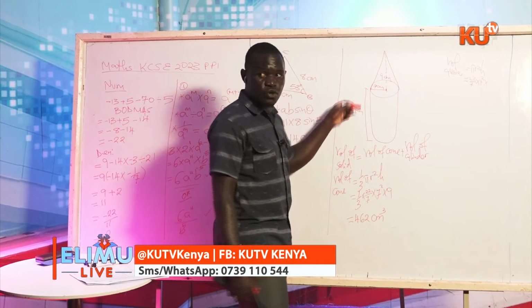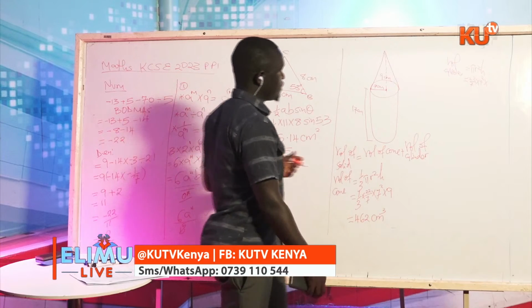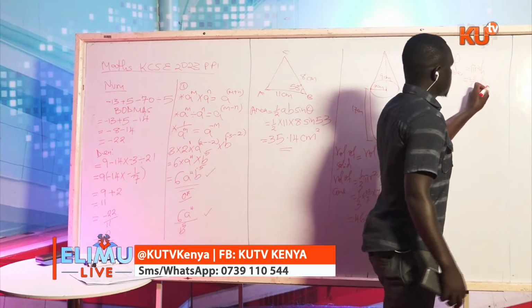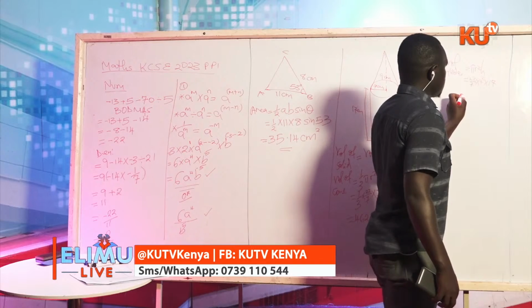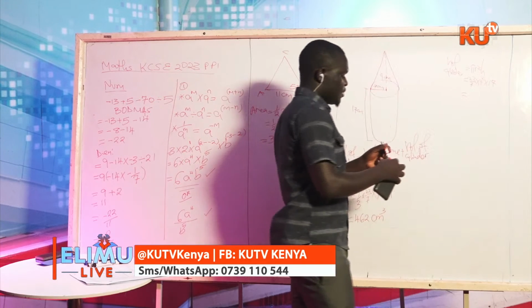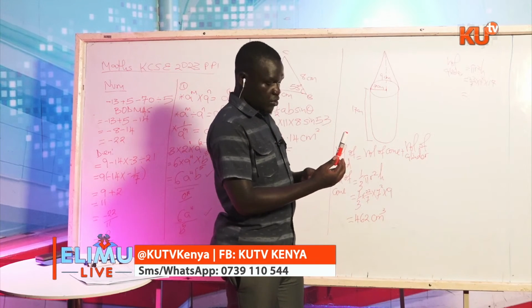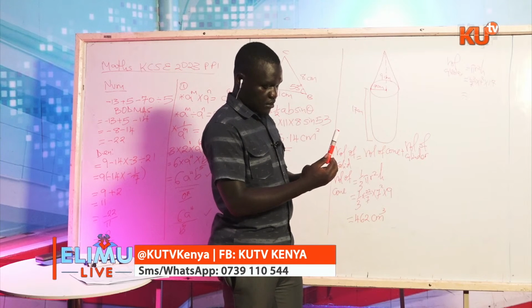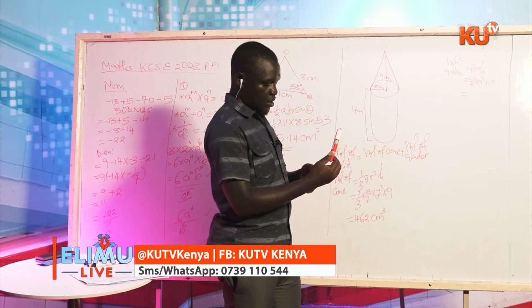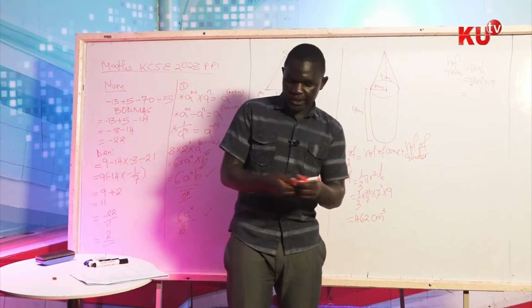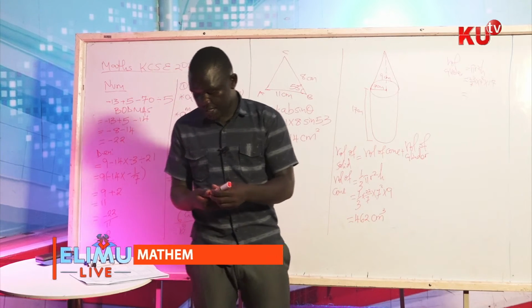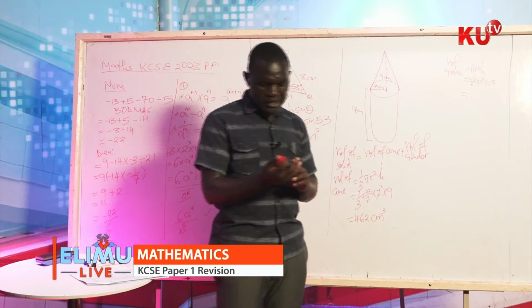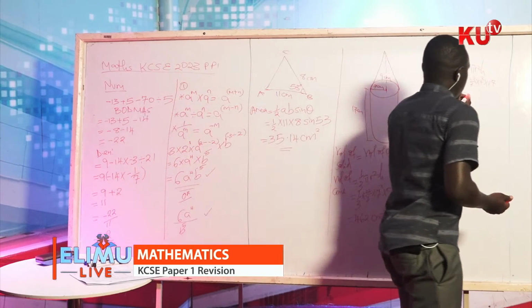The height of the cylindrical part we were given as 17. So this is times 17. What are you getting, dear students? In your calculator, you key in 22/7 times 7 squared times 17. I'm getting 2618.